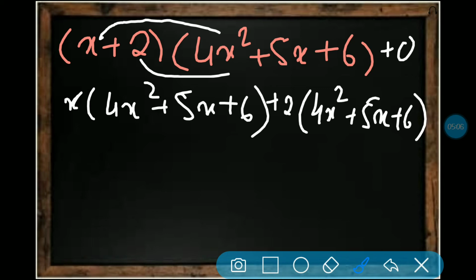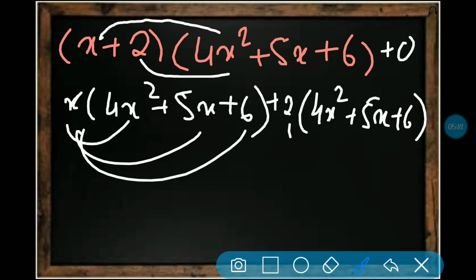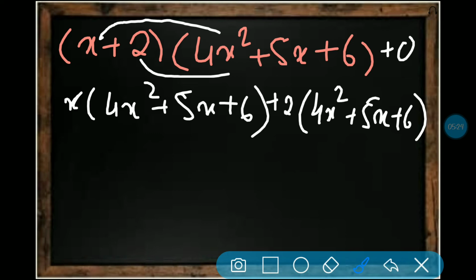Fine. So this is how we will frame it. Then we have to multiply this again: x into 4x square, x into 5x, x into 6, then 2 into 4x square, 2 into 5x, 2 into 6. Same way, that's it.